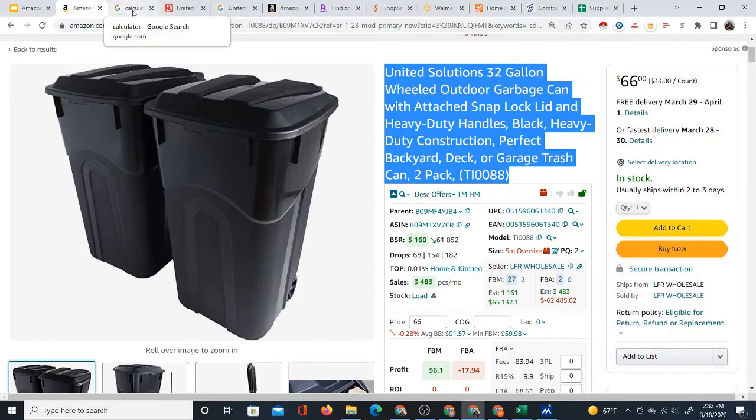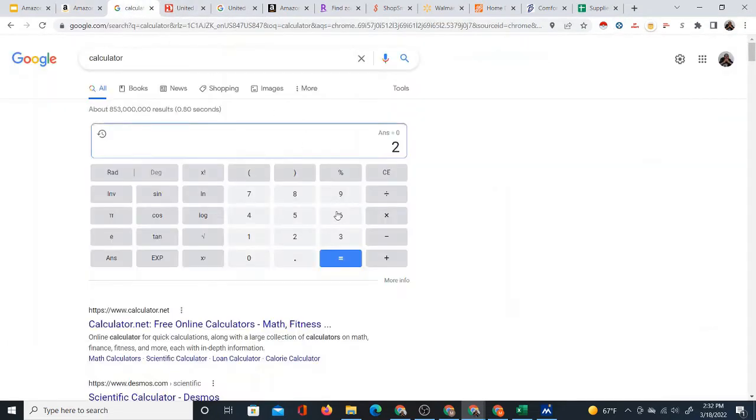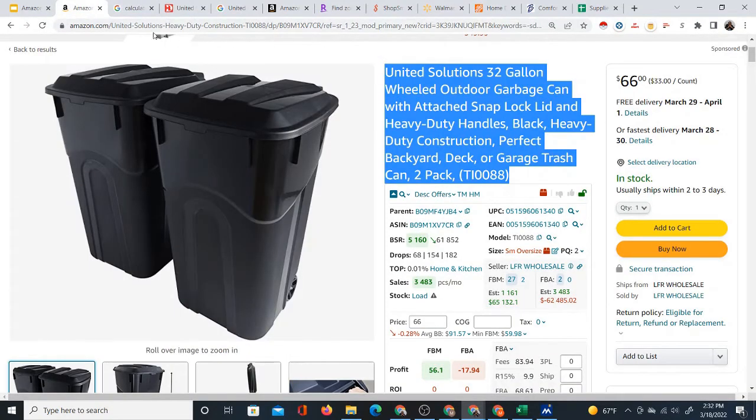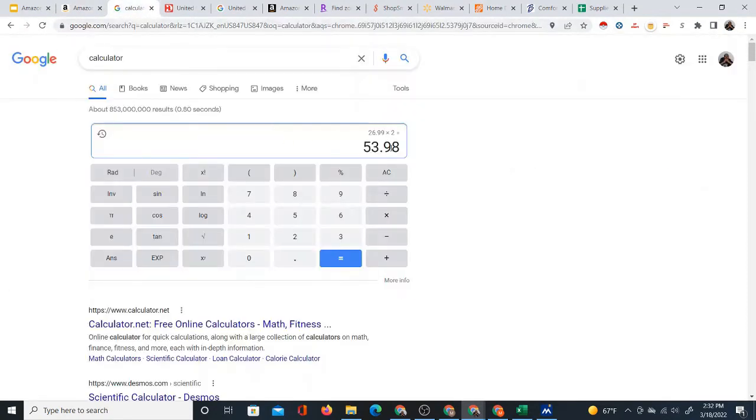I have to buy 2 of them because it's a 2-pack, so $26.99 times 2, right? That's $53.98. So if it is $66 here and $53.98 here, there is some price difference, but I also have to pay Amazon fees. So let me remember that number, $53.98.